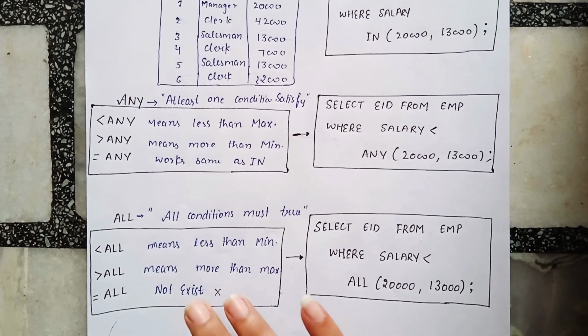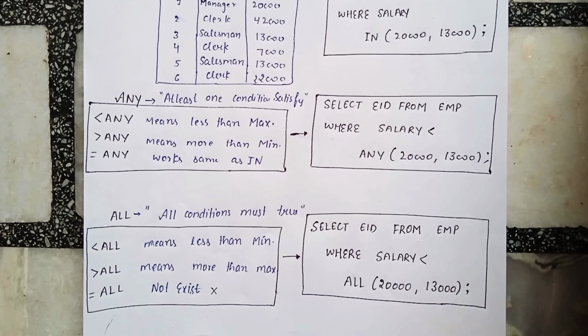If you use equal to ALL, it is not valid, because it is obvious that one record can fulfill only one value. It cannot fulfill all the values at once, because the salary can be either 20,000 or 13,000. It cannot be both. For this reason this operator does not exist.